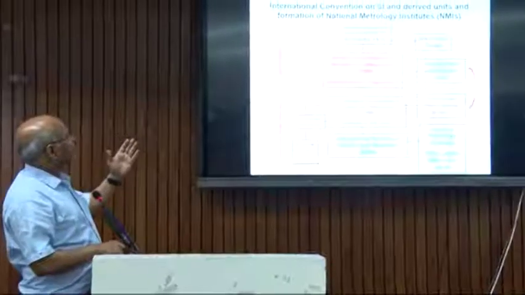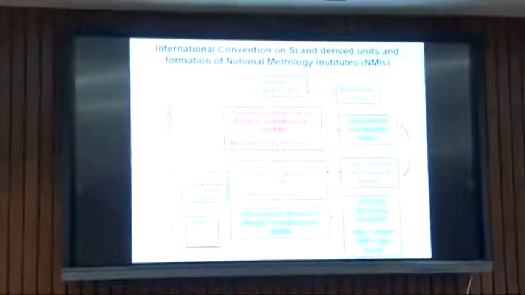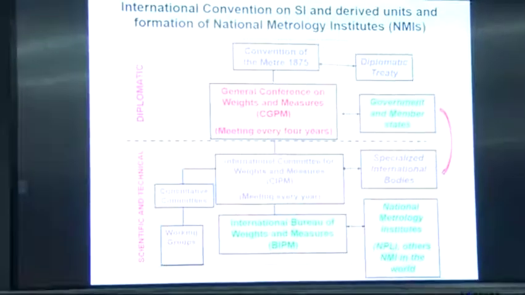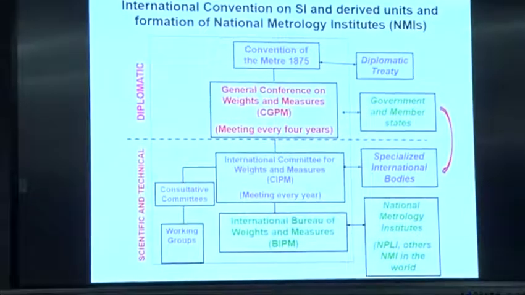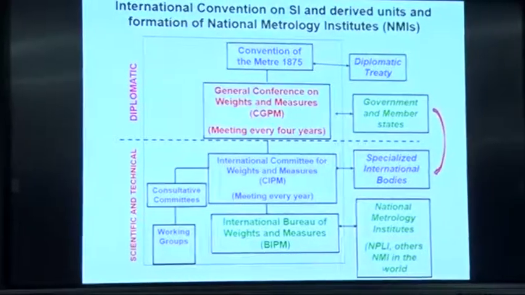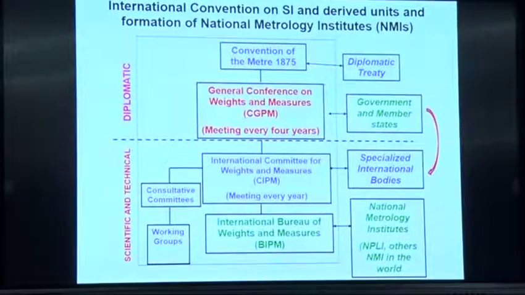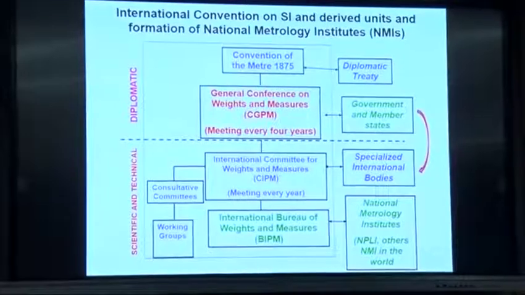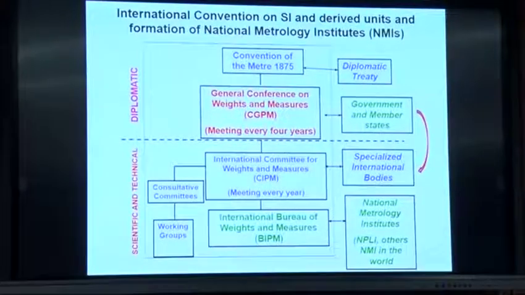So this is why in 1875 the world thought that for global trade, you need to have the same measurement system. In 1875, this treaty was signed by a few countries, and it has two parts, the diplomatic and the scientific. The diplomatic one is at the government level, the CGPM, General Conference on Weights and Measures, usually signed by the government of the country, meaning senior officials.